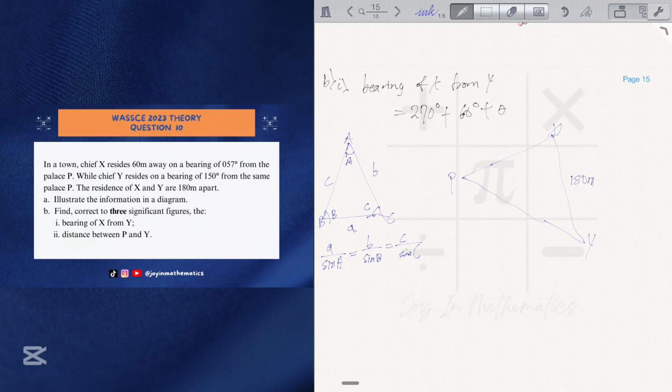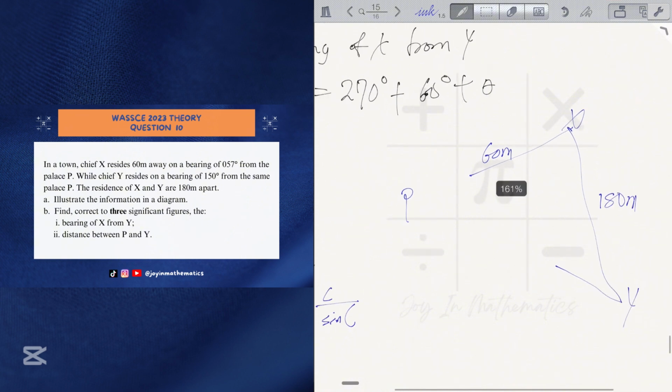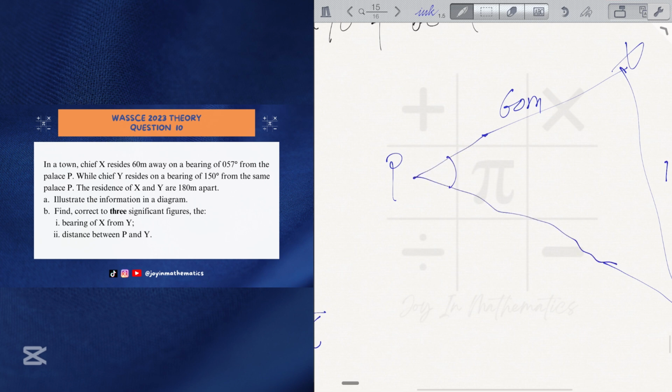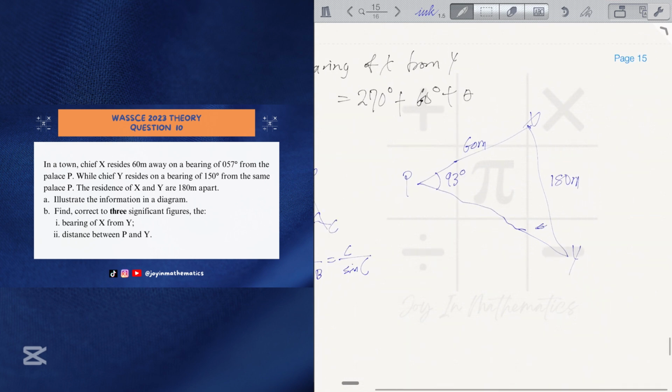The distance between p and x is 60 meters. The angle here is 93 degrees, and the angle here is theta. And the question is, how do we evaluate theta?